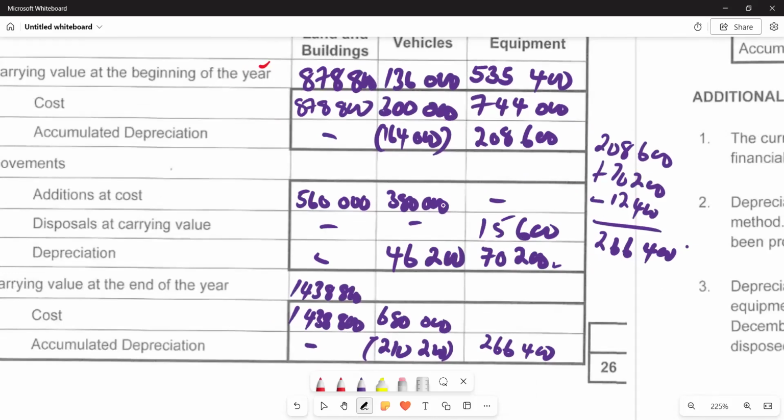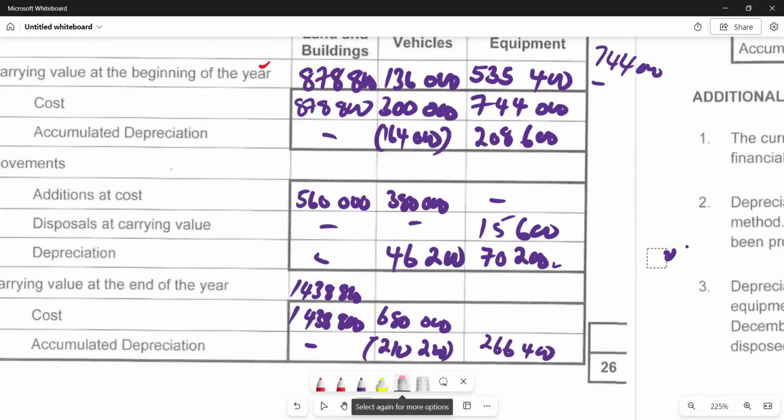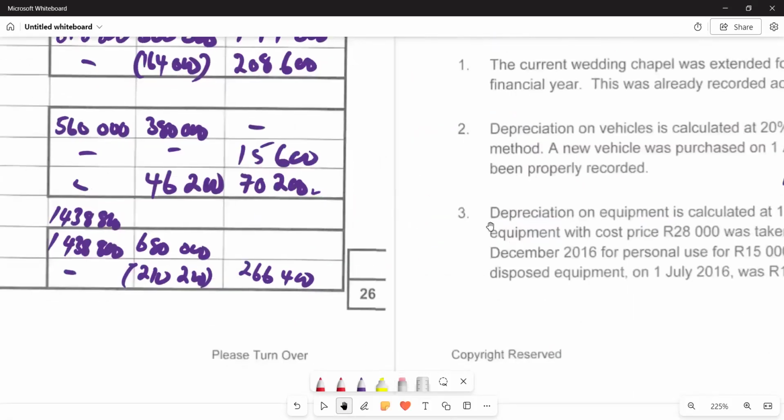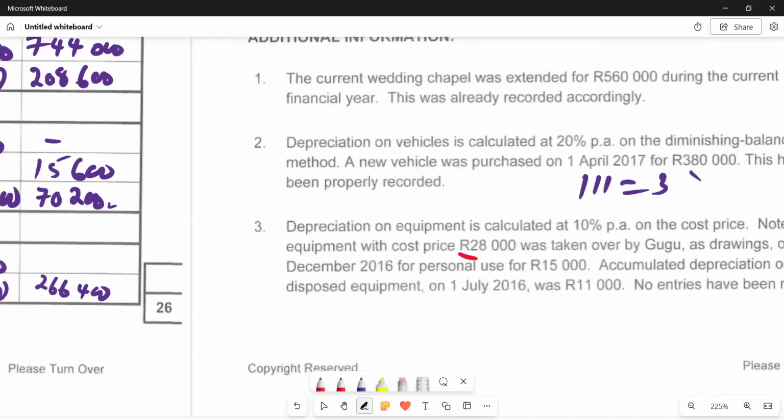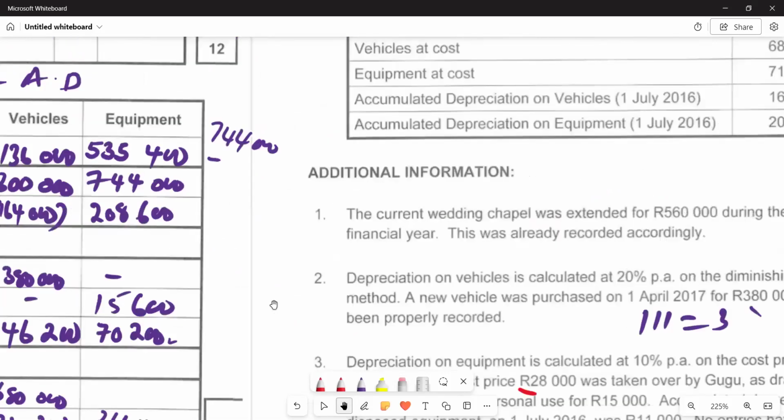Then we subtract the cost of the disposal. Remember, there's a non-current asset that was disposed. If you check there, the cost of that non-current asset that was disposed is cost price 28,000. So here we're saying minus 28,000.